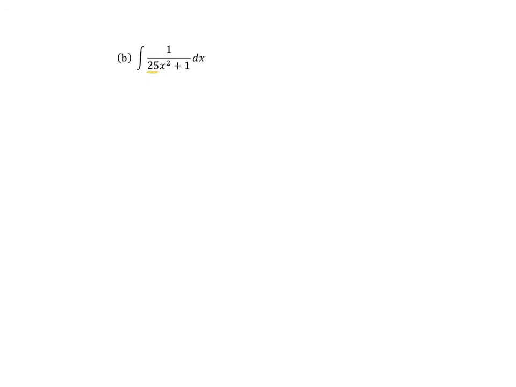So the first thing I'm going to do is I'm going to factor out that 25 so I can get this in the form that I need. Now, if you would also like, you could do a u substitution of 5x, but I'm not going to do that. I'm just going to factor out 25. What's left over will be x squared plus 1 over 25, okay, dx. And then I can pull that 1 over 25 out from inside my integral.